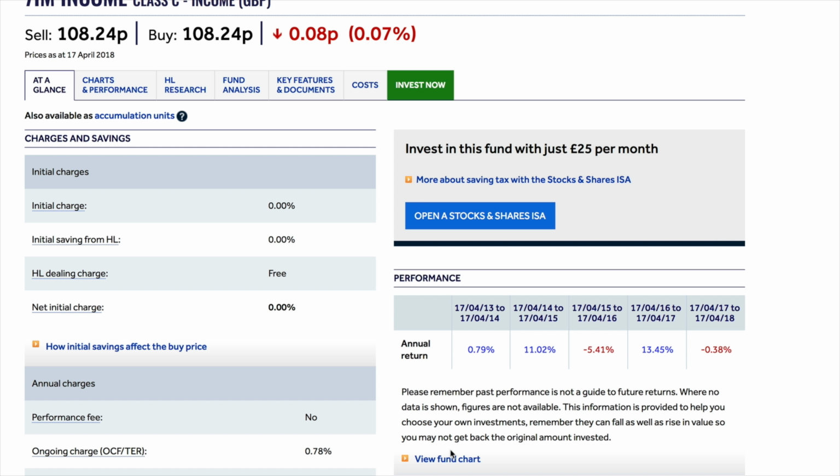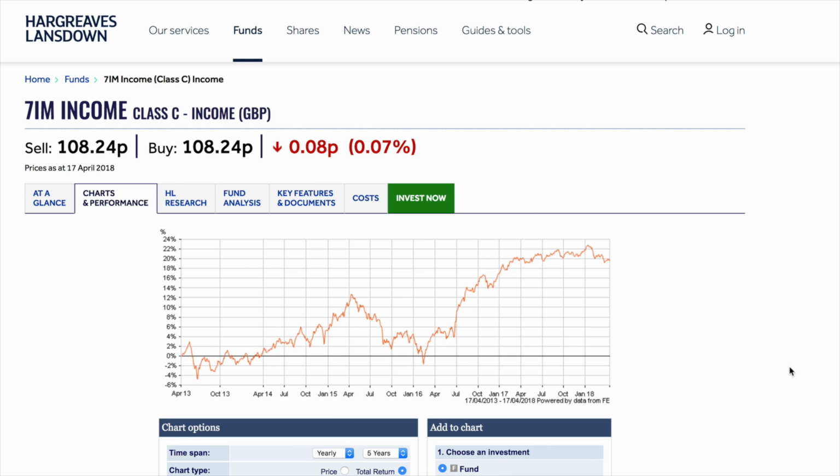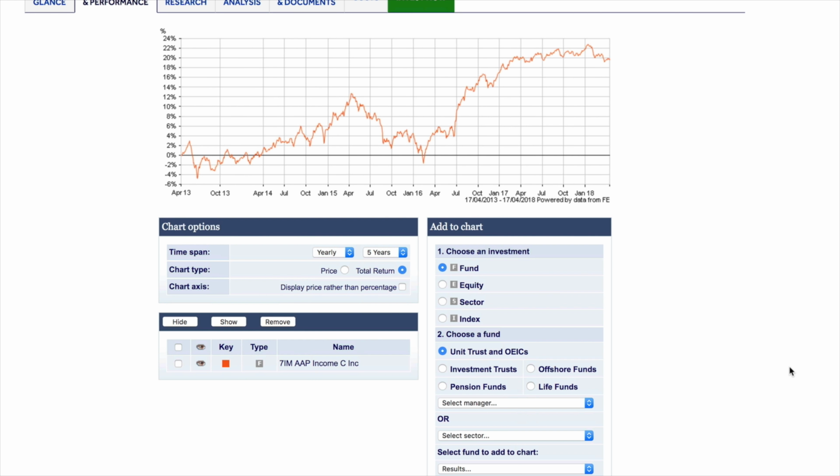But there's a link here to say view fund chart, and I want to show you the difference because Dan was asking about what is meant by returns. What has a fund produced in terms of its growth or whatever? Well, most investment funds have two strings to their bow when it comes to providing returns to investors.